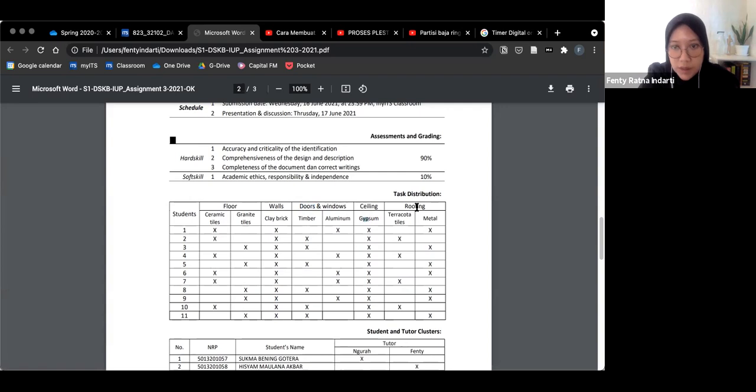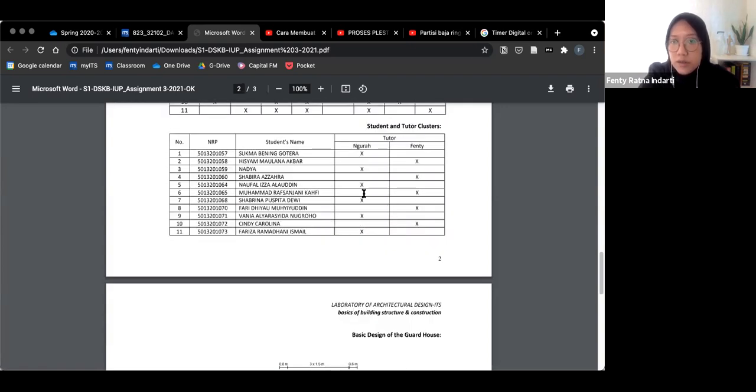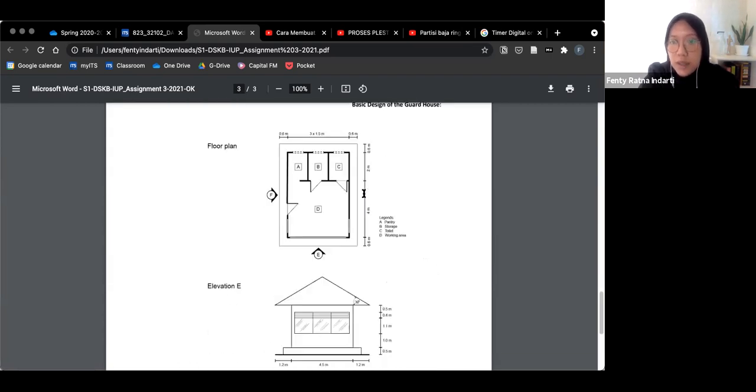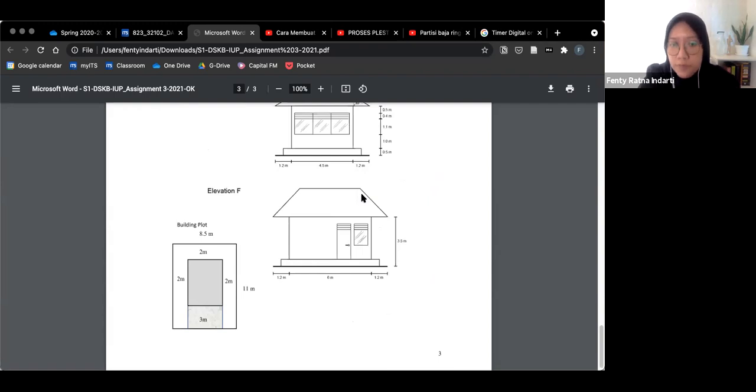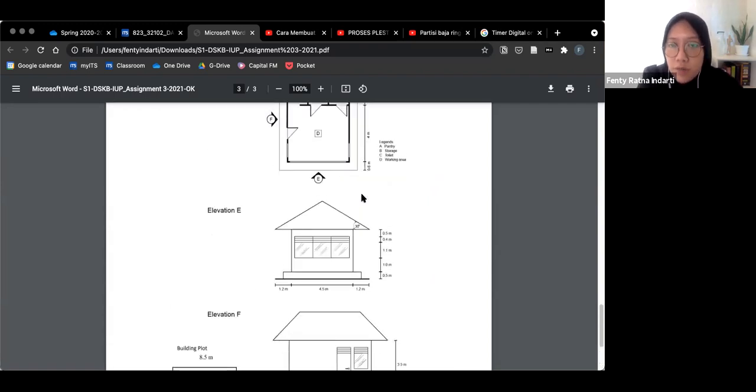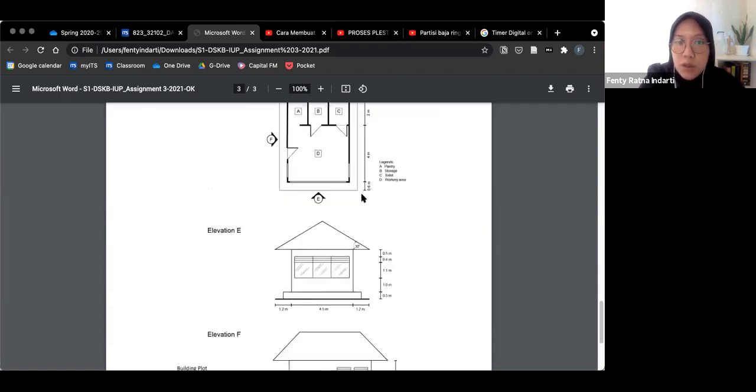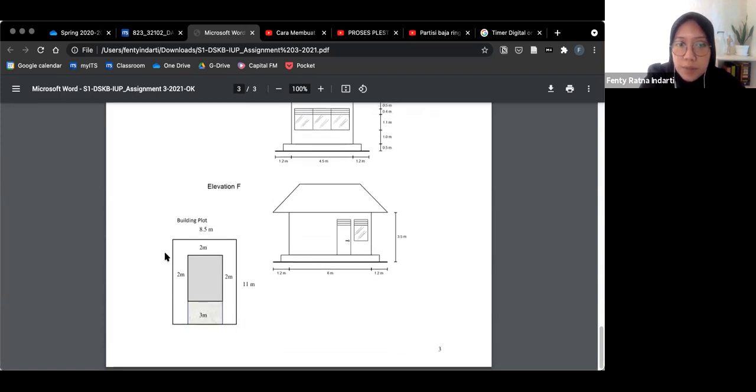Ceiling is the same, and for roofing there will be 2 types of materials. And this is the distribution of the tutors. And this is the same building that you worked on in the previous assignment. So this is the basic design, and this is the building plot. You can take a look at this.